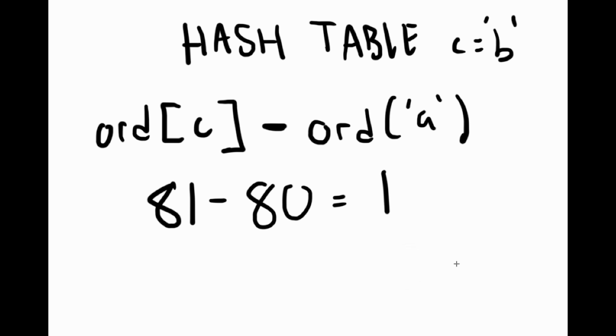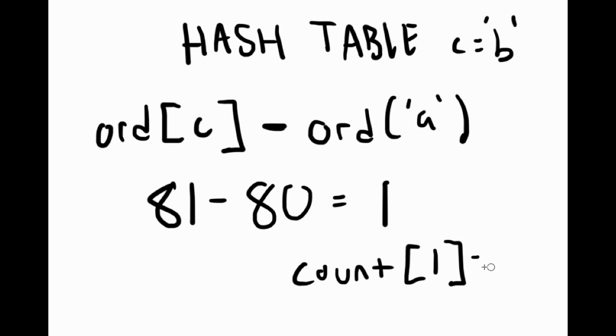So that position would represent a B, and we would add on to that: the count of one is plus equal one now. Each time we go through and find a character, we add that occurrence by one. And that's how we're going to track every single character.